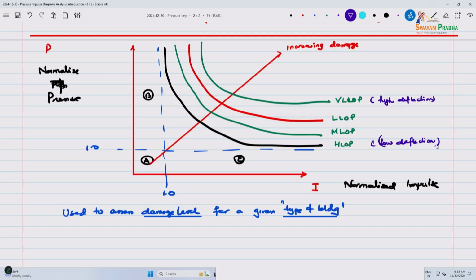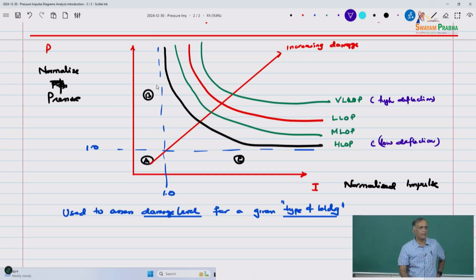And remember, A is no damage. These are all in this region of B. As you keep increasing pressure, if the impulse is low, increasing pressure is not going to change its damage level. So low impulse means the time duration keeps coming down as the pressure goes up.